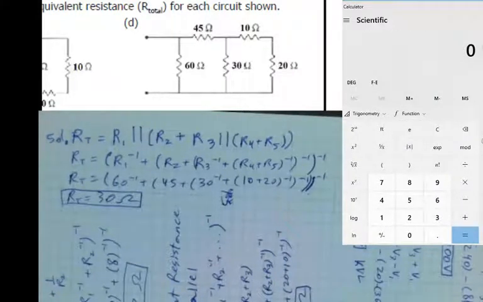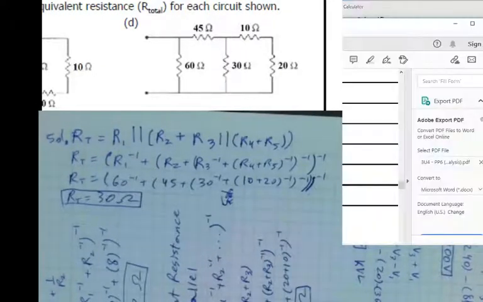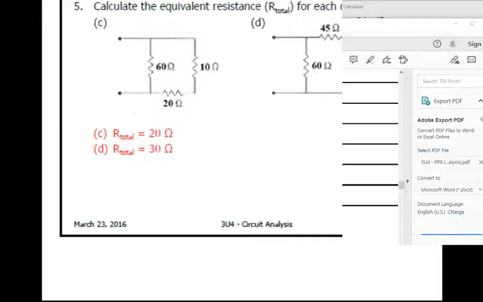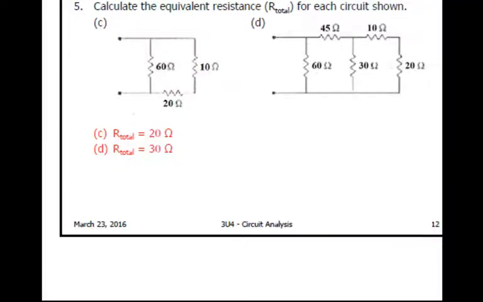So you can break it up too if that helps. But I do prefer doing it all in the one step, just because that's how I'm used to doing it. But when you're still learning, it might be good to break it up in parts. Let's now move on to the next portion of this lecture.